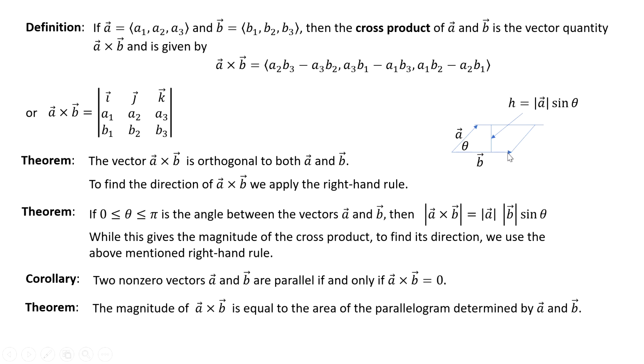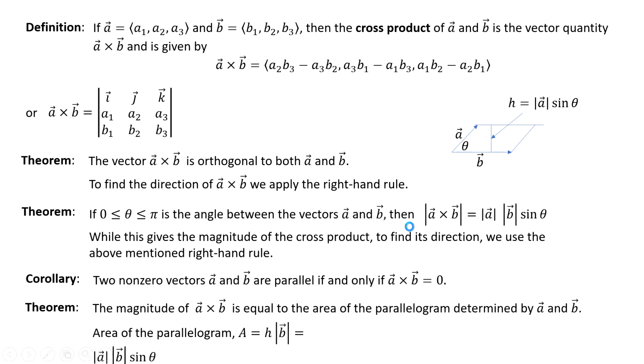So what's the length of the base? The base is this vector B, but we're talking about its length, the magnitude. So the base magnitude would be the magnitude of B, times this height.